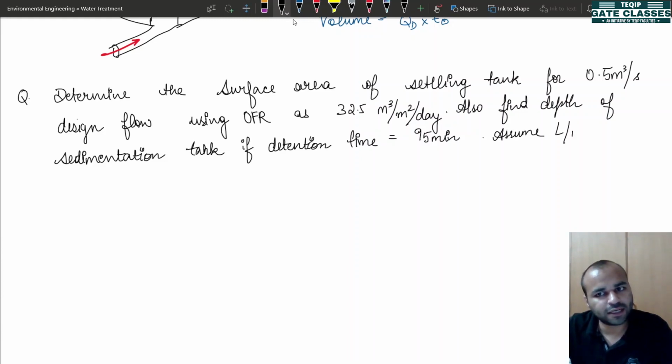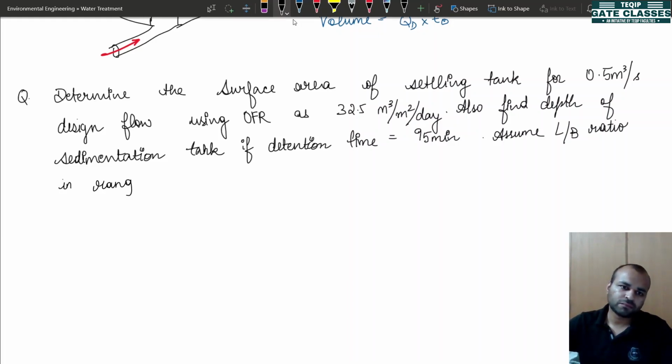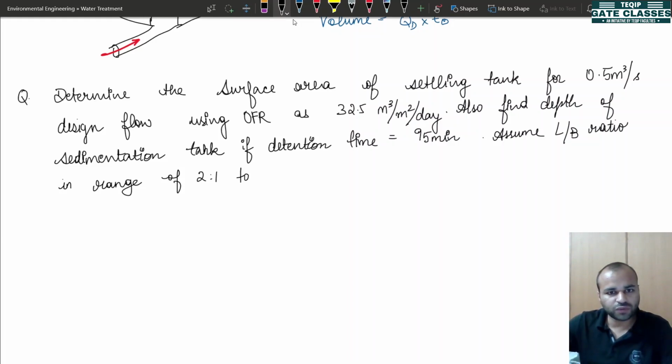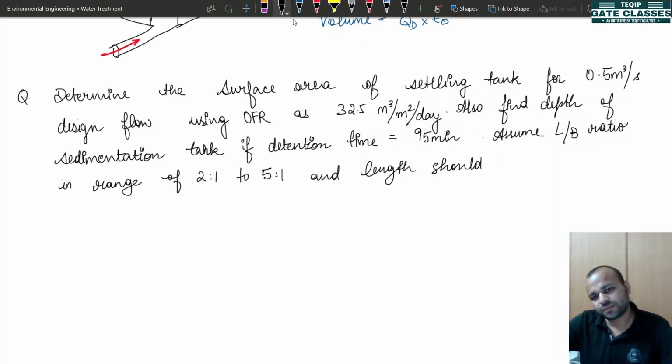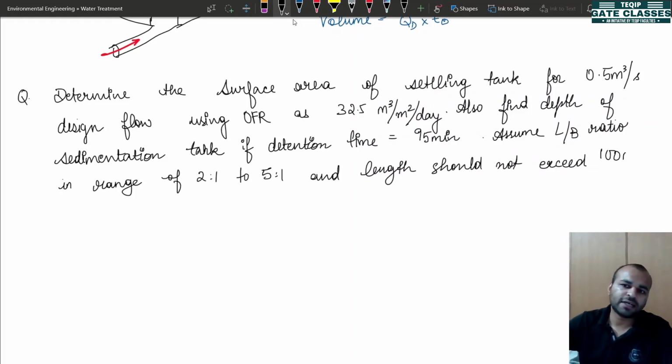Assume L by B ratio in the range of 2:1 to 5:1, and also the length should not exceed 100 meters. Now try this question by yourself.